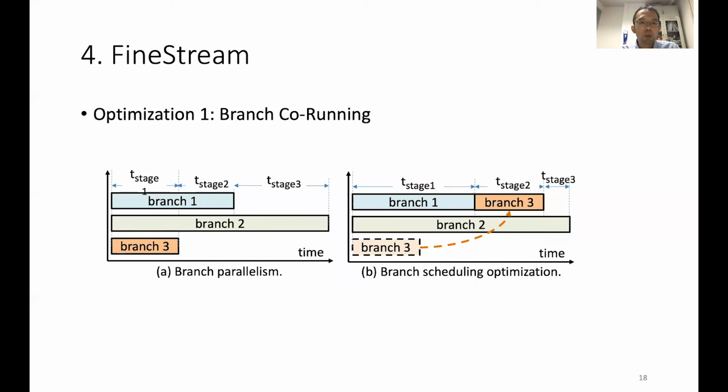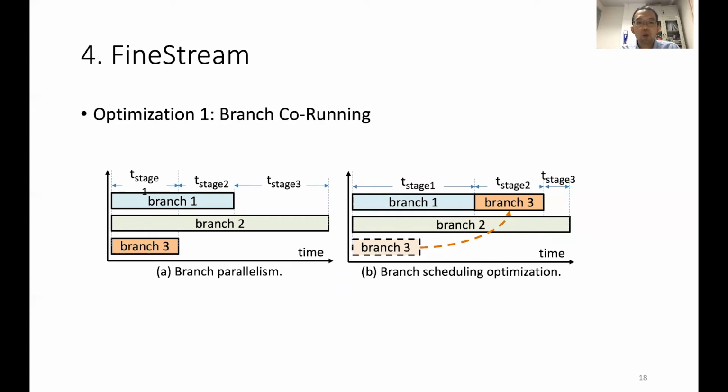FineStream involves three optimizations. The first optimization is branch co-running, which means that the independent branches can be executed in parallel. We use the example in this slide for illustration. Assume that the time for different branches is shown in the slide.